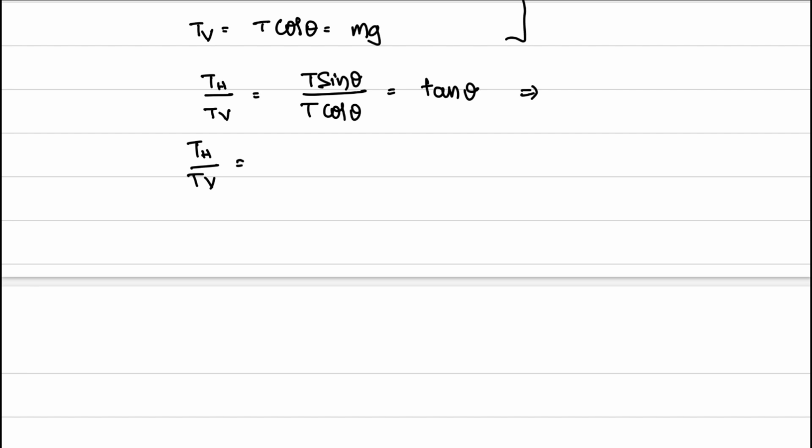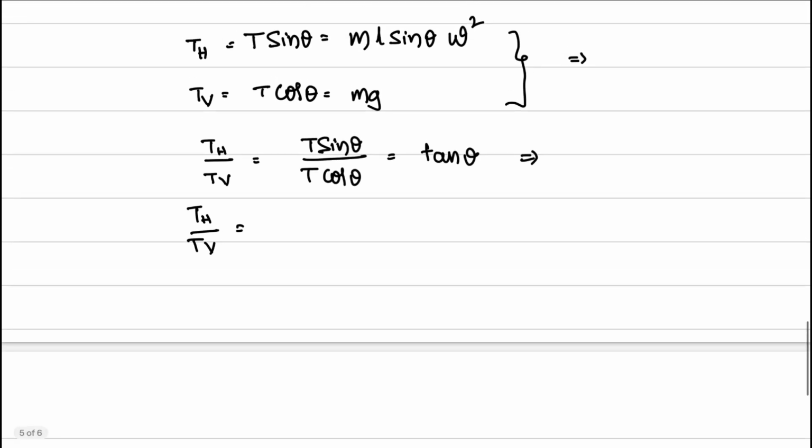Now, T_H by T_V is equal to what? m L sin theta omega square divided by T_V, which is equal to mg, so that gets cancelled. This will equate to tan theta, because T_H by T_V is equal to tan theta.